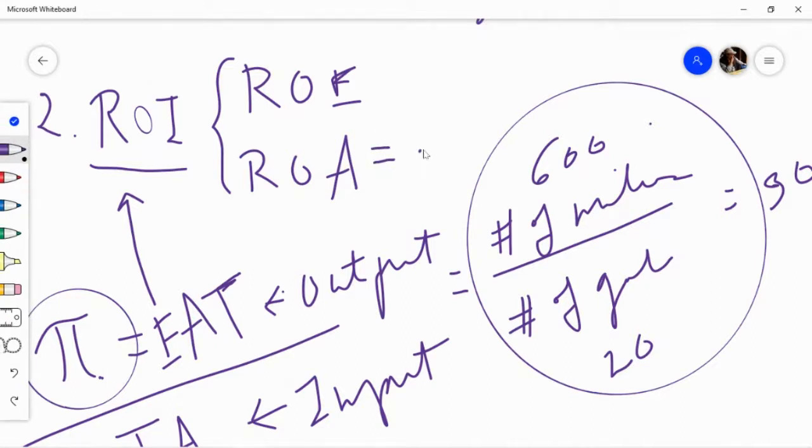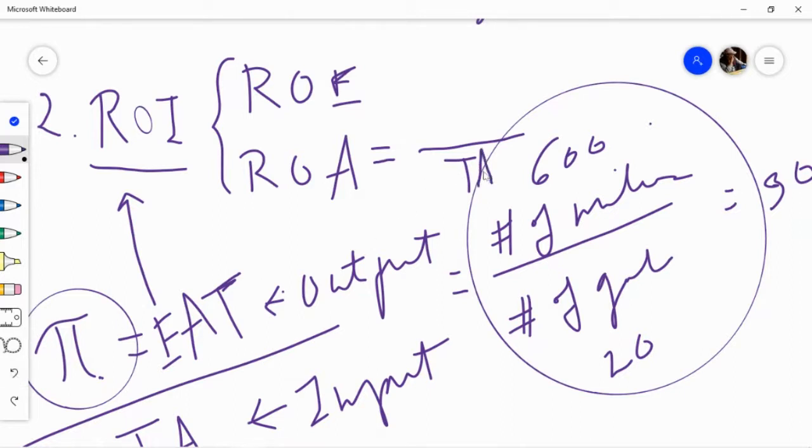Return on total assets means that, as I told you, total assets is the input, because all the assets basically exist for generating income.